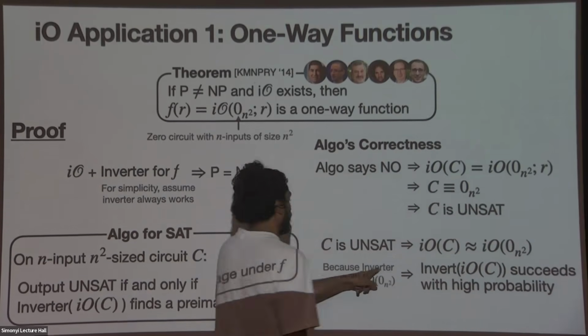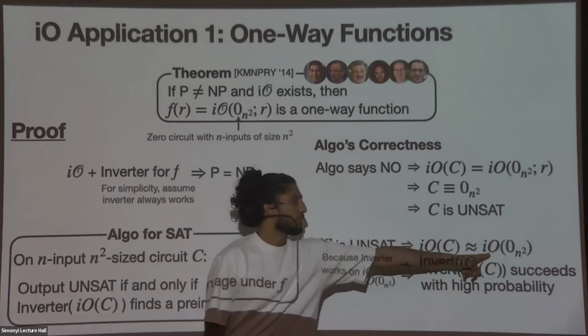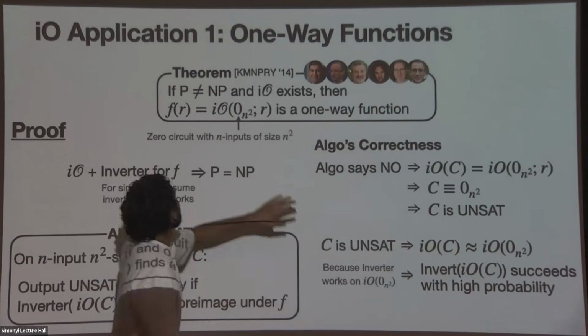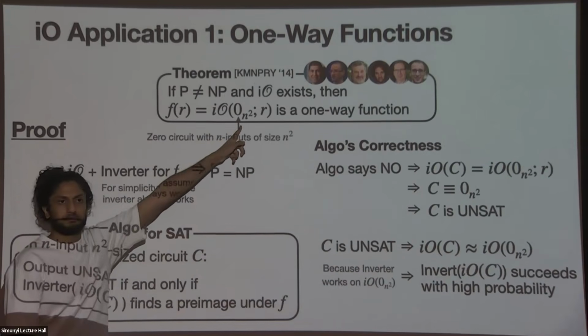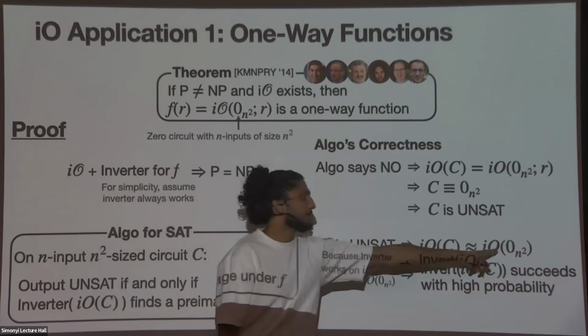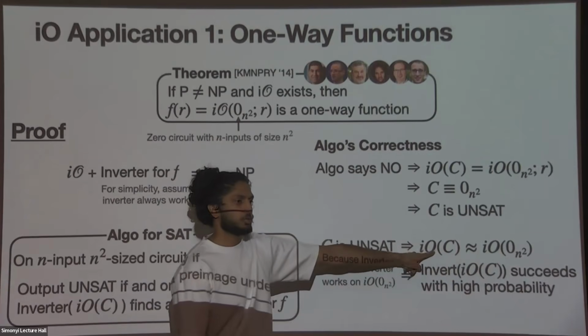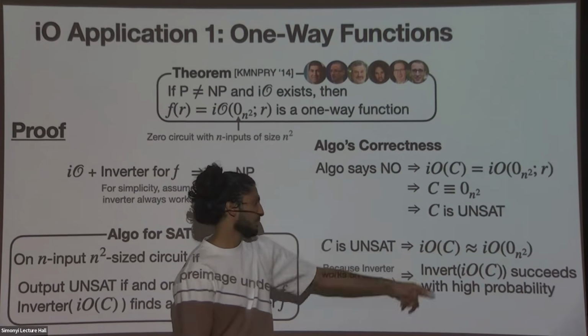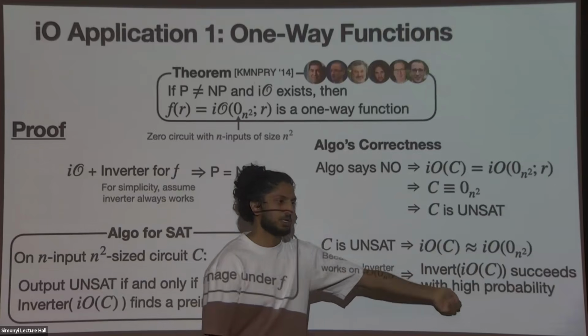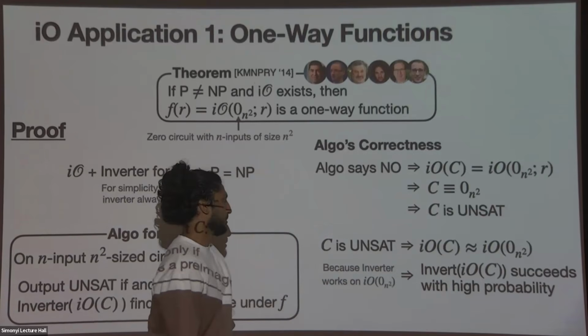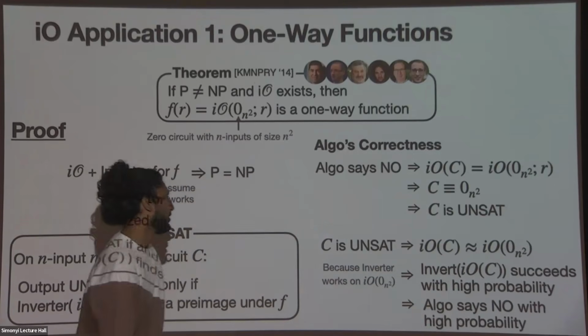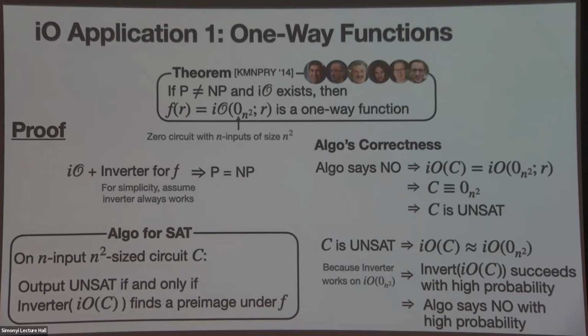Well, the invert algorithm works when I run it on the obfuscation of the zero circuit, because that's the definition of F. But the obfuscation of the zero circuit is computationally indistinguishable from the obfuscation of C. So if the inverter worked here, it should work here. And so then the inverter worked, so the algorithm says no.